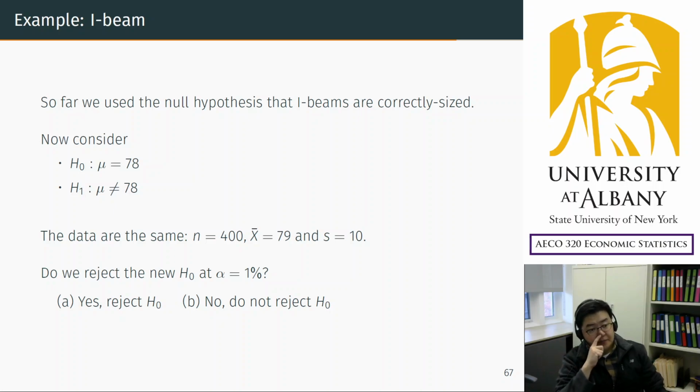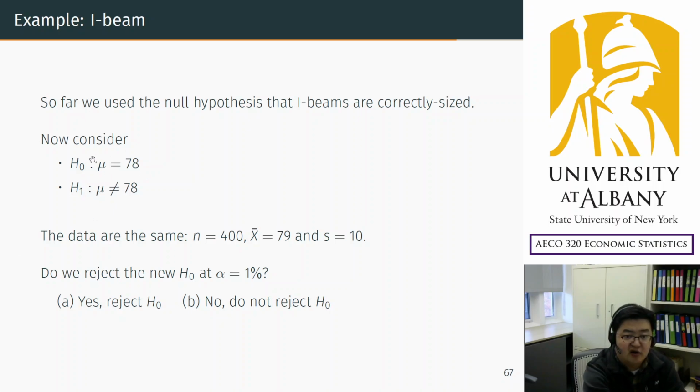But now, I suspect the I-beams are smaller. So I assume that the I-beams are actually 2 millimeters smaller than they had to be. So my null hypothesis is 78. Earlier it was 80, but now it's 78. But I'll assume that the data are the same. I do not change the data. Then in this case, do you reject or not?